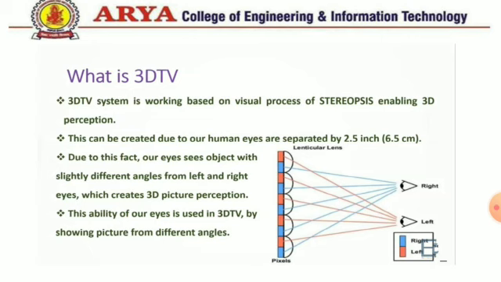We provide two different images, one for the left eye and second for the right eye, and it is considered as 3D perception because both images are at different angles for different eyes. This ability of our eyes is used in 3D TV by showing pictures from different angles. I will show you how that is done.